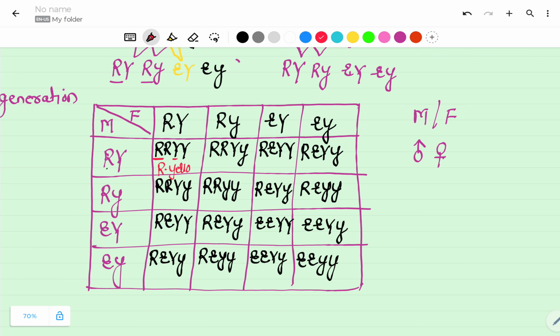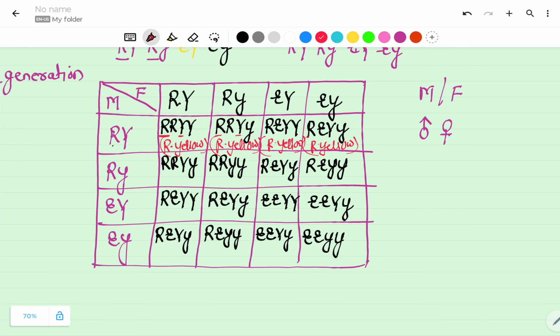Round yellow. Same letters here, round yellow. Here also the same, round yellow. Same here, round yellow. Here again we write round yellow. Again we are writing round yellow.